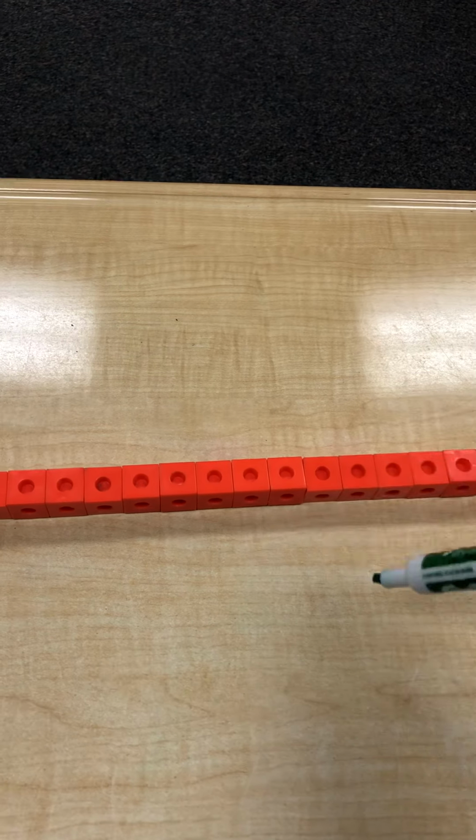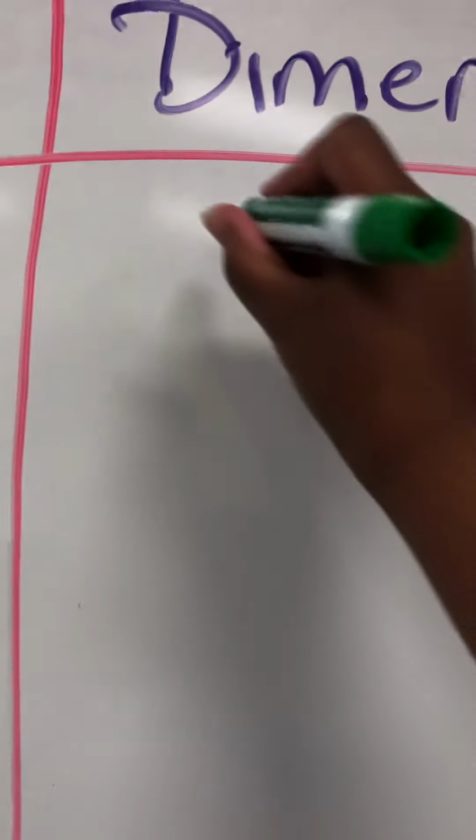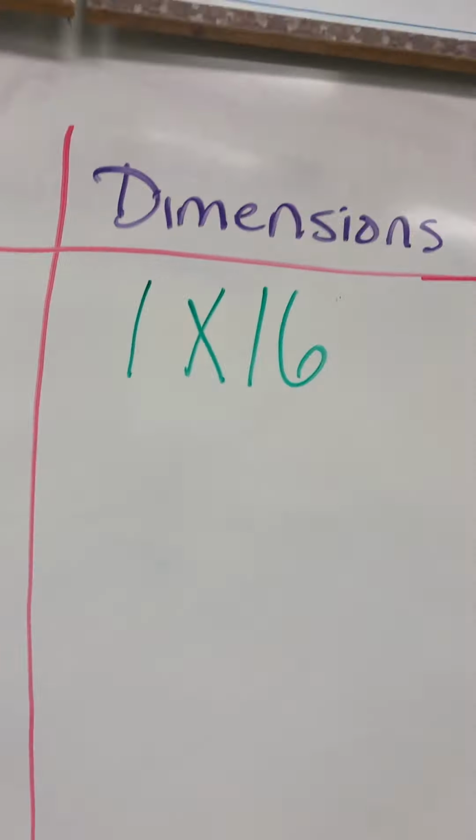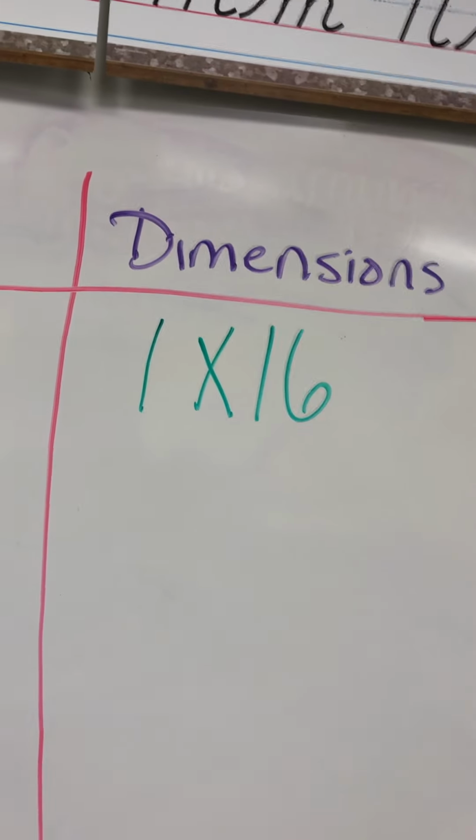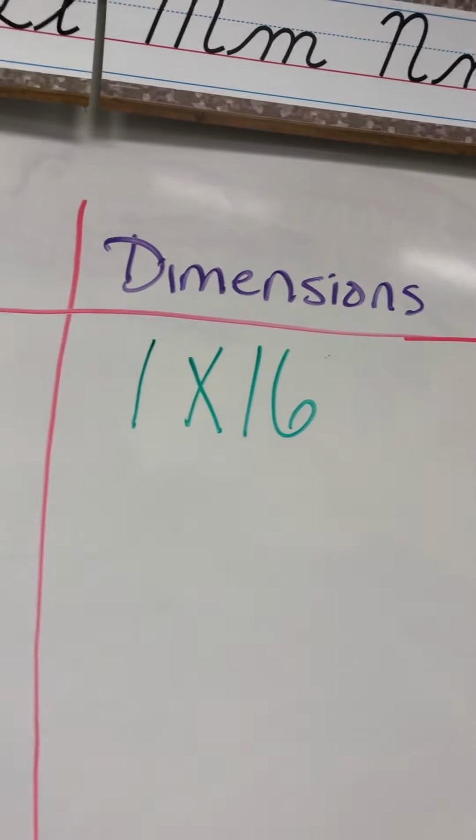That's my up and down. 16 columns. So the first dimension I'm going to write is a 1 by 16 or 1 times 16. We're definitely discussing multiplication and how you can use arrays to form multiplication facts or factor pairs.